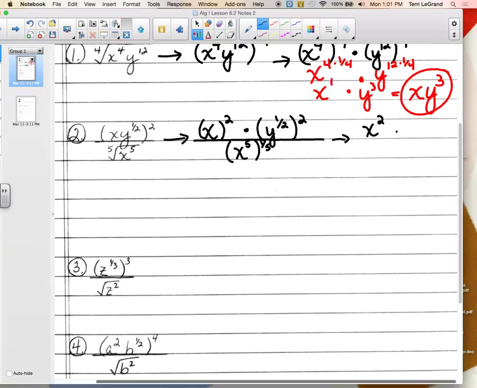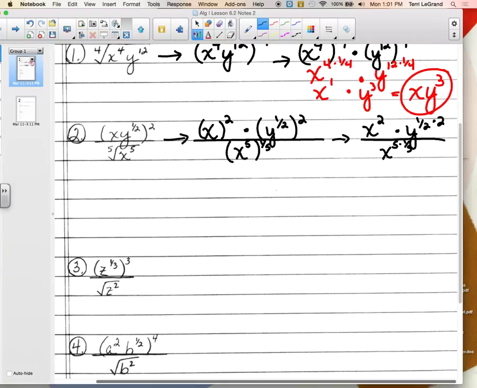Y to the 1st. What do we do with these? We multiply them. Let's show that in our notes. So when we look back at our notes, we can say this is what we actually did to get there. Y to the 1/2 times 2, because a power to a power, we multiply their exponents. And downstairs, it's a power to a power again, so we're going to do x to the 5 times 1/5.